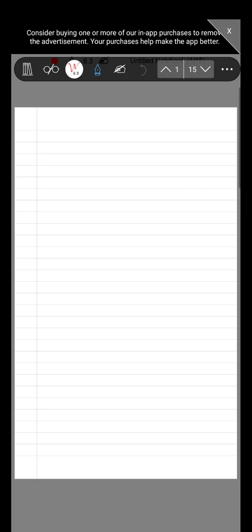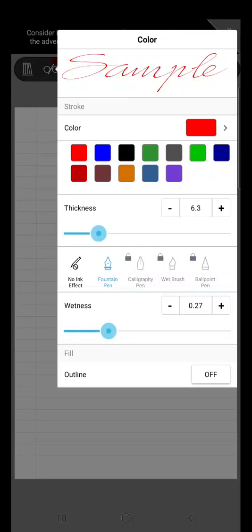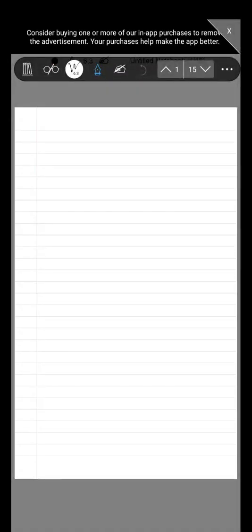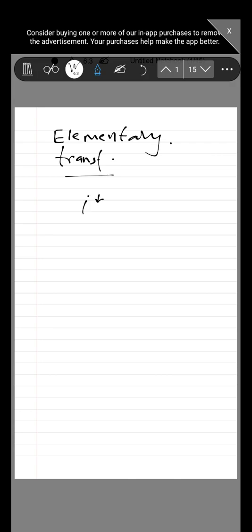Some more aspects of matrices. One of them is called an elementary transformation. That means there is an interchange of any 2 rows, ith and jth, or ith column and jth column, either row or column.